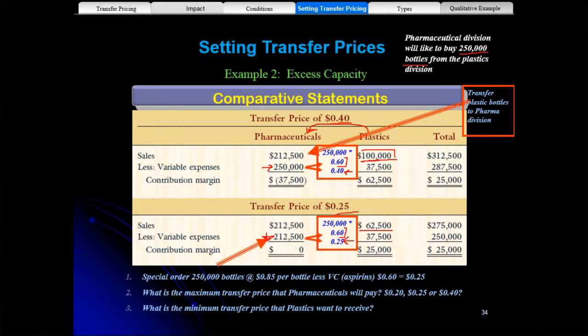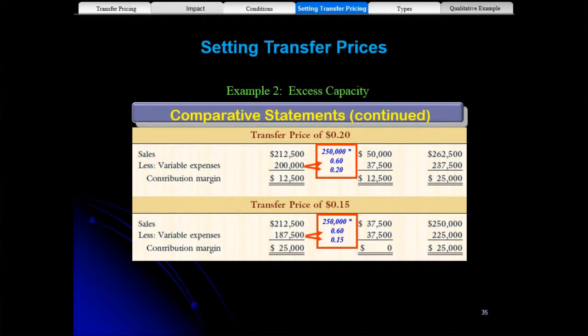All right, so we can do a transfer price of 40 cents. We can do a transfer price of 25 cents. Both divisions are happy because pharmaceuticals is saving money, and plastics is actually still making money. Then we can go down to a transfer price of 20 cents. Is plastics division still making money? Yes, they are. Pharmaceuticals is actually saving even more.